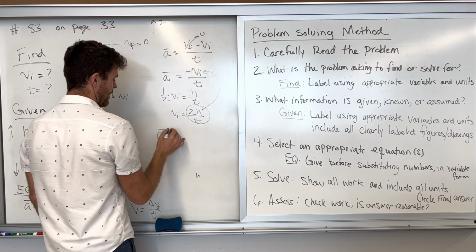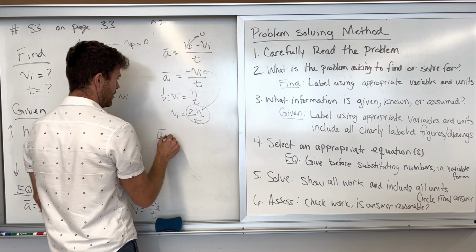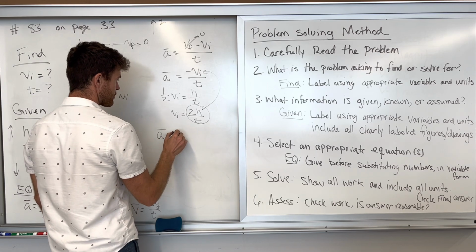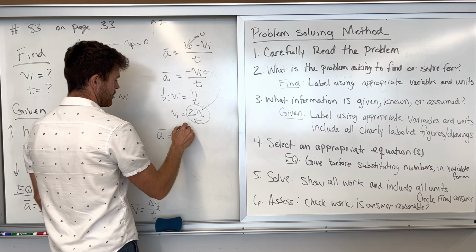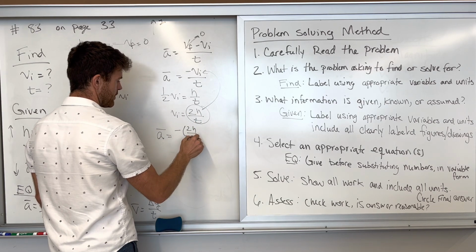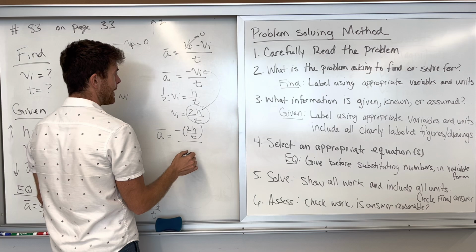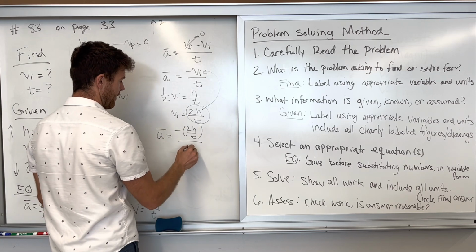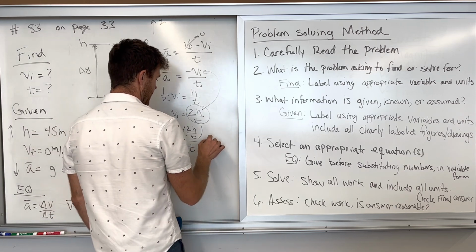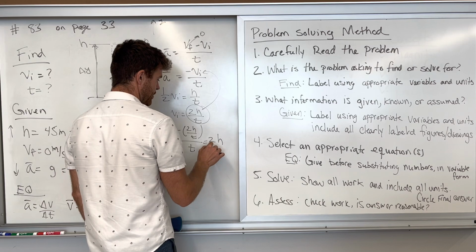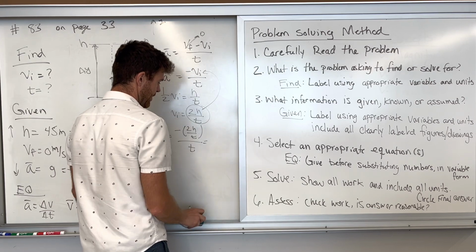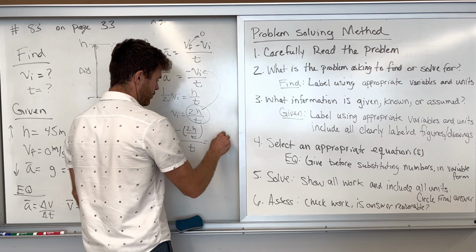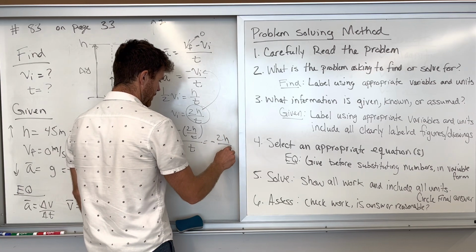So I get acceleration equals negative, that negative sign stays there, 2h over t divided by t. I forgot my negative sign: negative 2h over t squared.